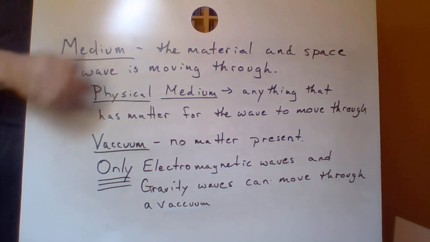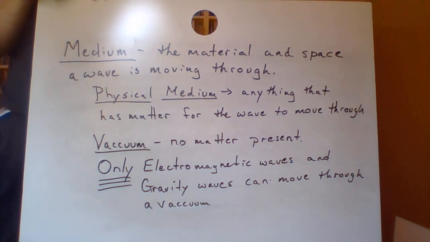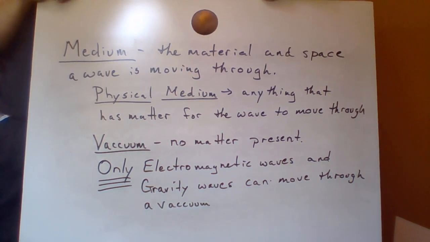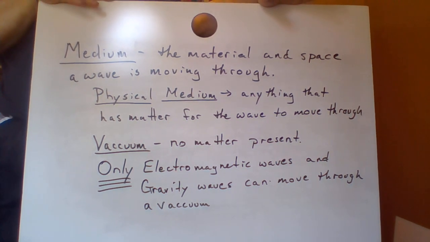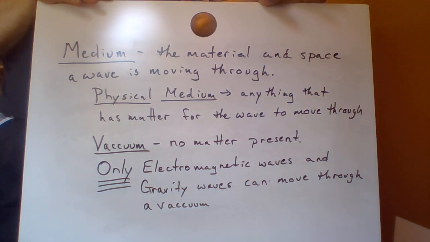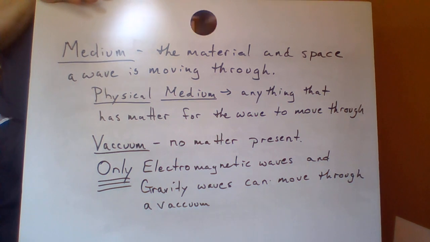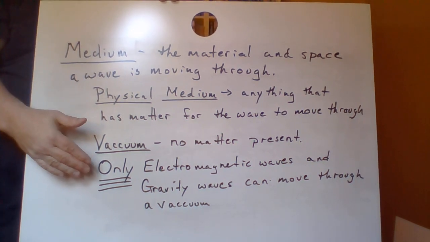Electromagnetic waves do not require a physical medium for them to move from one place to another. Gravity waves do not require a physical medium for them to move from one place to another and create an interaction. Okay? Now, can they move through a physical medium?